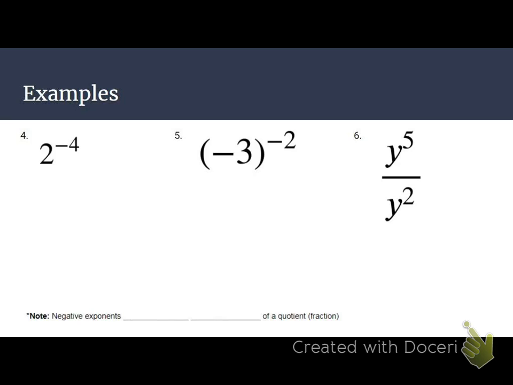So we are going to have 1 over 2. When we make the reciprocal, the exponent becomes positive. So 1 over 2 to the 4th. But we can evaluate that because 2 to the 4th is equal to what? 16. So this really is 1 over 16.